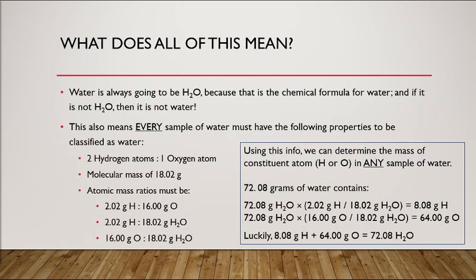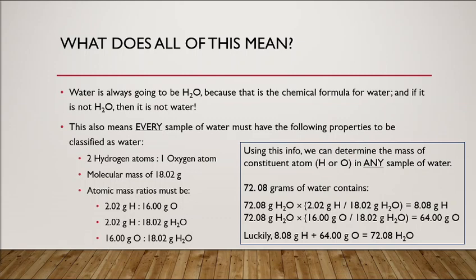And so we know it has to have the same ratio of hydrogens and oxygens to your water. So here, the mass ratio of my hydrogen to my water is going to be the 2.02 grams of hydrogen for every 18.02 grams of water. So use that mass ratio and multiply it by the 72.08 grams of your compound, and you end up with 8.08 grams of hydrogen.